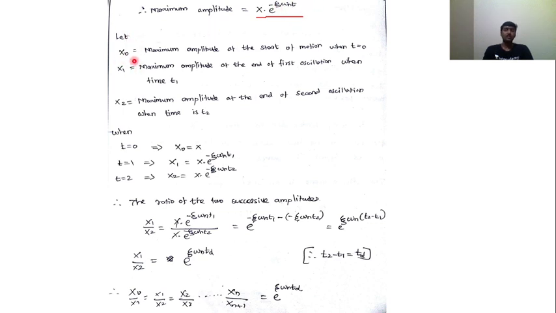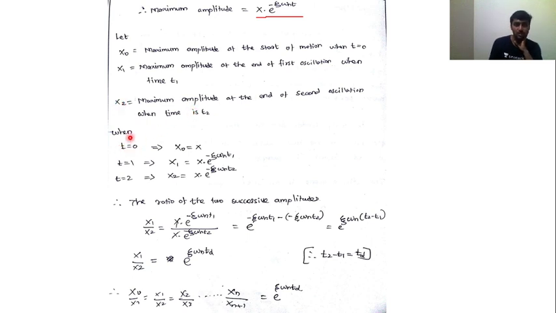Let x0 be the maximum amplitude at the start of the motion, when time t is equal to 0. x1 is the maximum amplitude at the end of the first oscillation. So x0 is the maximum amplitude at time t equal to 0, x1 at the end of time t1, x2 at the end of time t2.